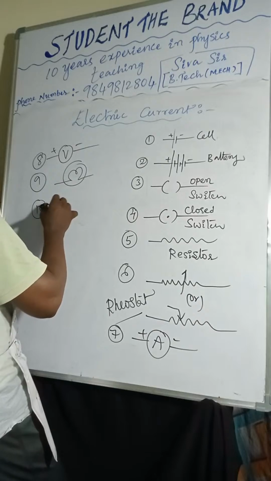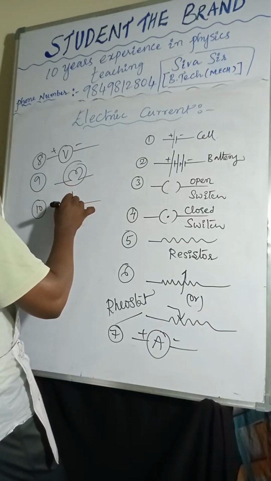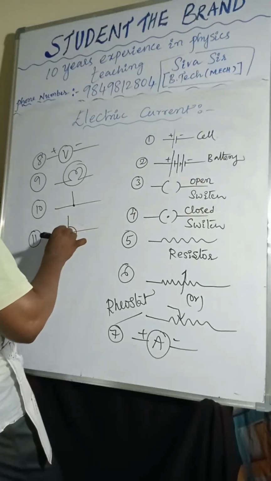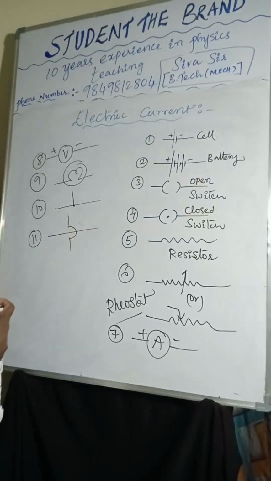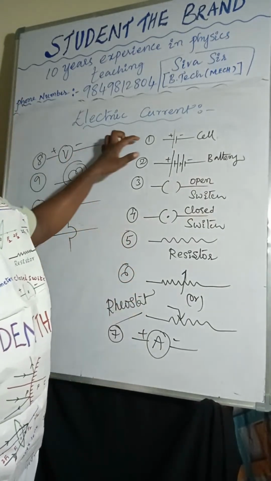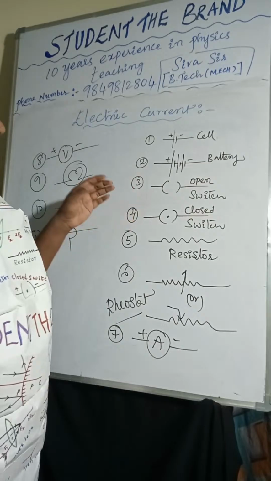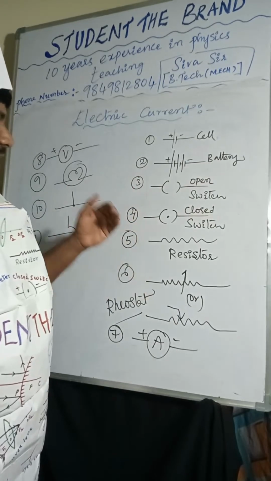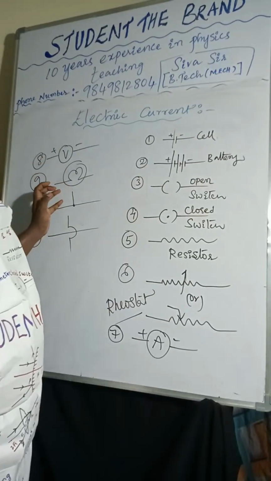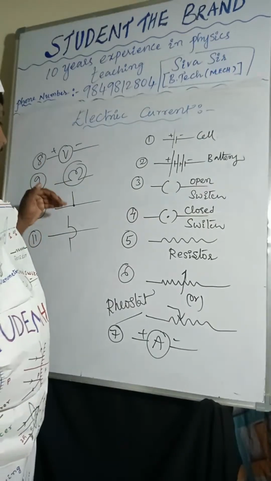Next one, wire joining. Eleventh one, wire crossing. So these are the points. Once again you can see cell, battery, open switch, close switch, resistor, rheostat, ammeter, voltmeter, bulb, wire joining and wire crossing.